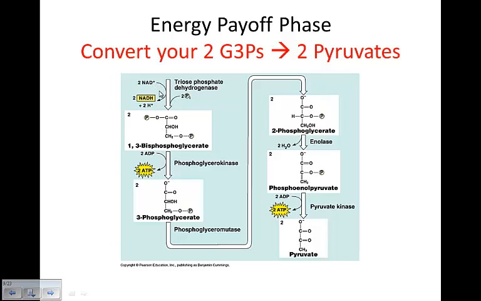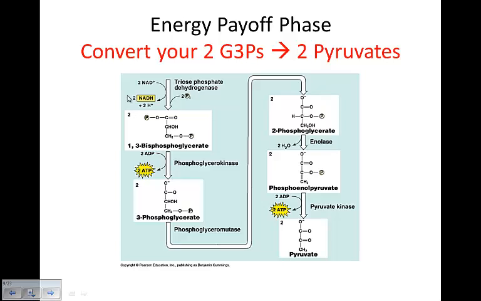And we're making 2 NADHs. NADHs serve the same purpose as the NADPHs in photosynthesis. It's another energy molecule. It's just different. It's like the AA battery versus the 9-volt. And so it's just a different form of energy storage.